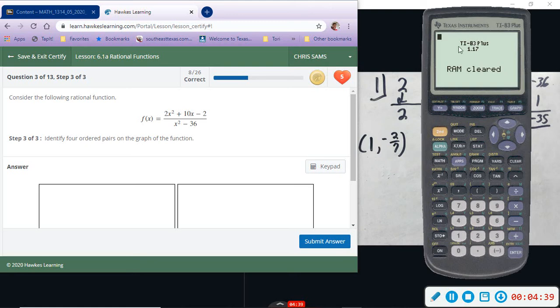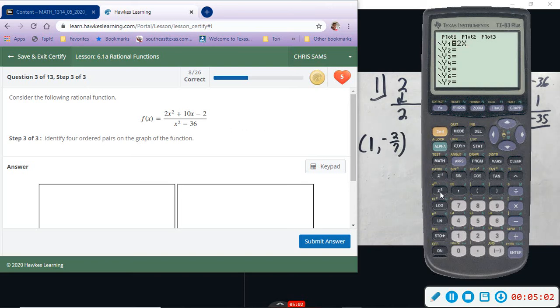So this is a TI-83. If you have a TI-84, it would be better. I'm going to show you that way last, and that's the way I'm going to pull all my numbers from, because it's going to be the quickest, but at least you'll be able to go back and see how we do these. But we're going to go to y equal, and in y1 I'm going to insert the top equation.